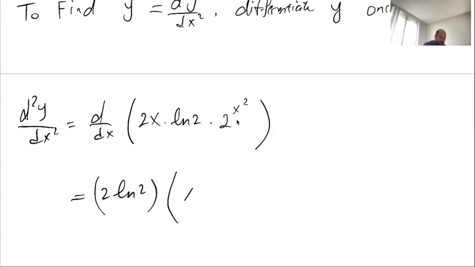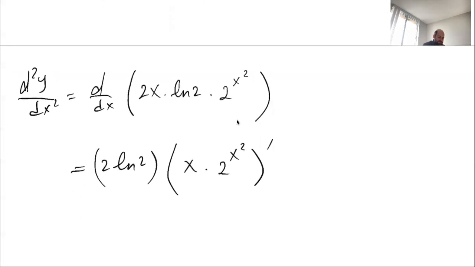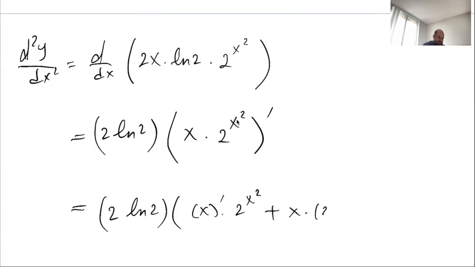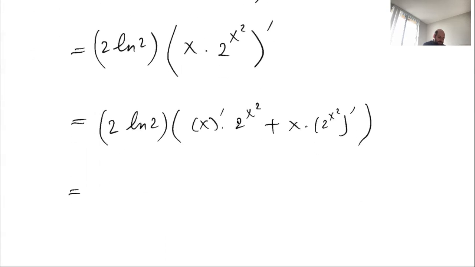So then I can say it's 2 ln2 times the derivative of the function inside. Like I said, we have to use the product rule. So the derivative of x times 2 to power x squared plus x times the derivative of 2 to power x squared. The derivative of x is 1.